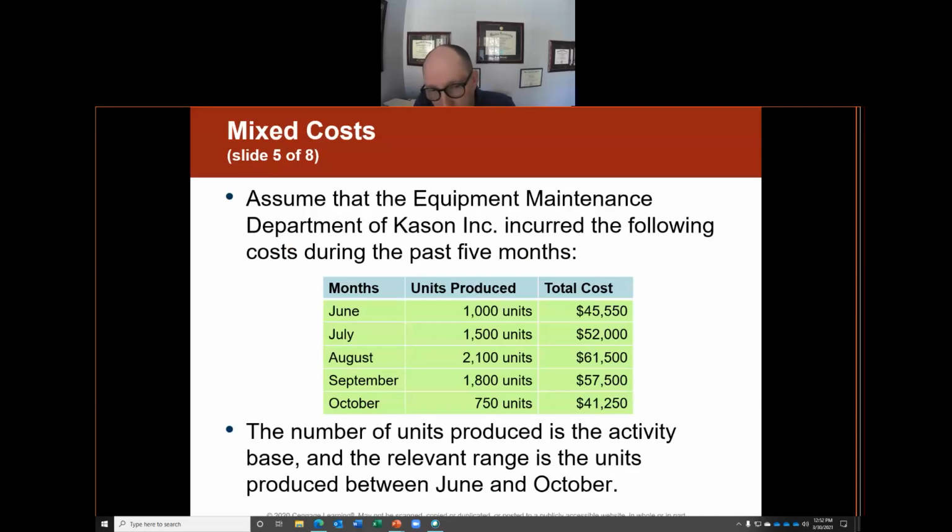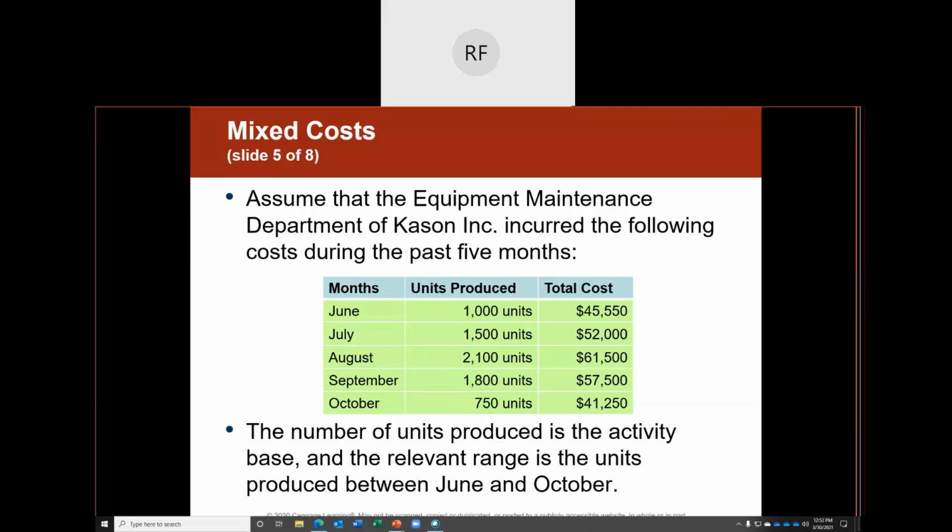What are my 2 months? Who can answer that question? What's my high month and what's my low month? Don't all answer at once now. Looking at this data, what is my high month and what is my low month? In terms of cost or units produced?